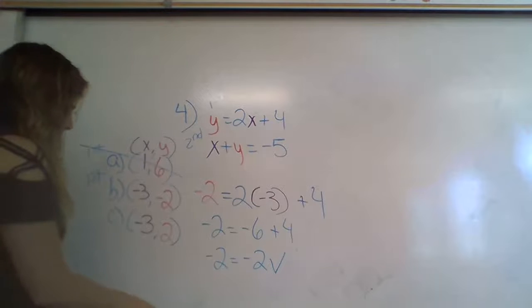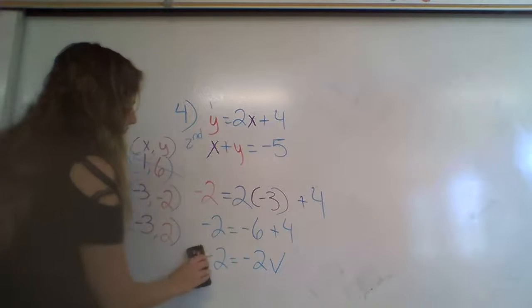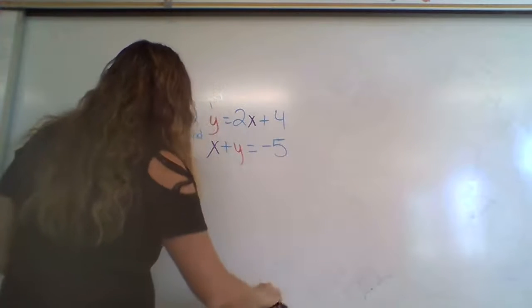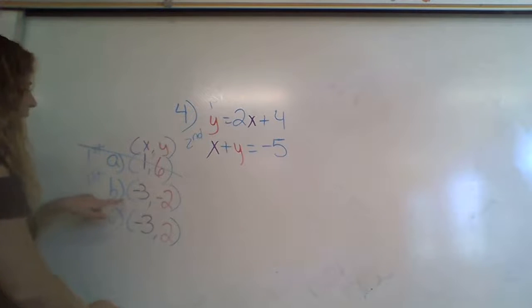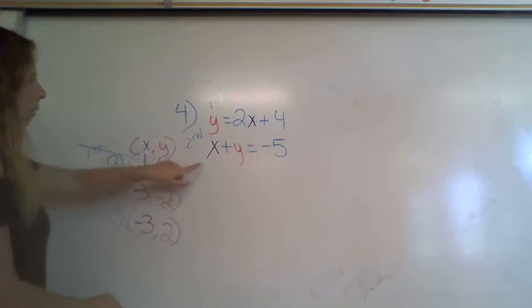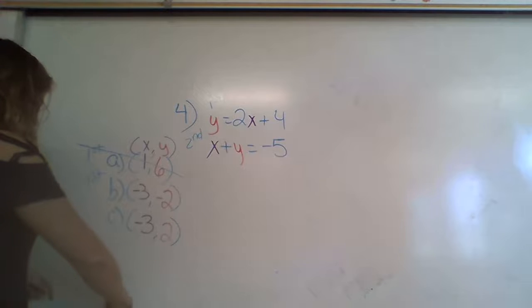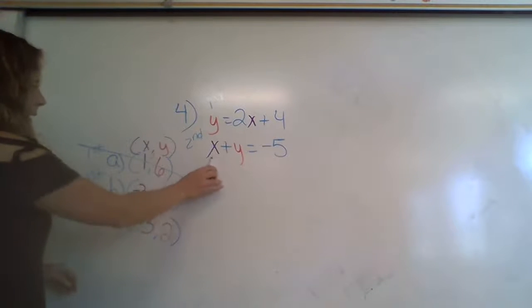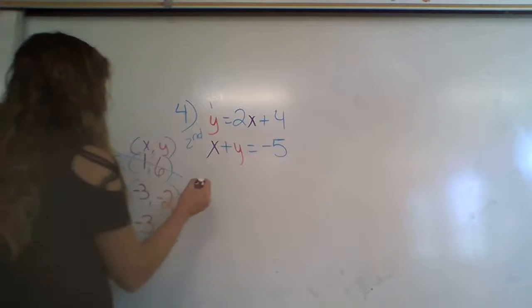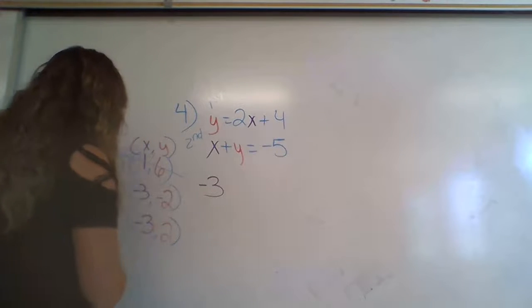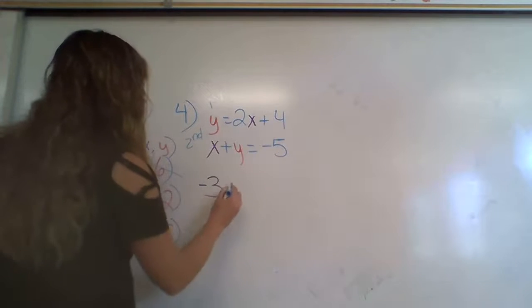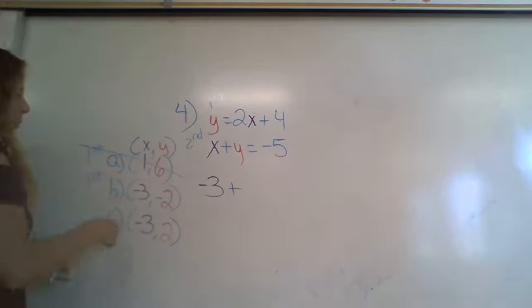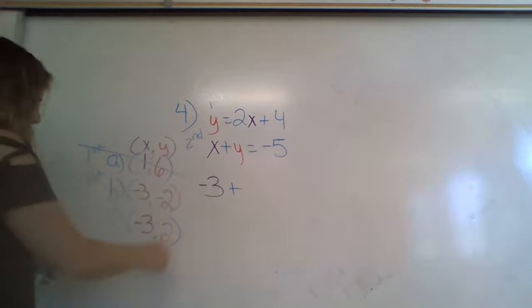Does it work for the second one? Let's find out. So now you're going to take -3, -2, and substitute it into this equation. Okay. So x is -3, plus y.